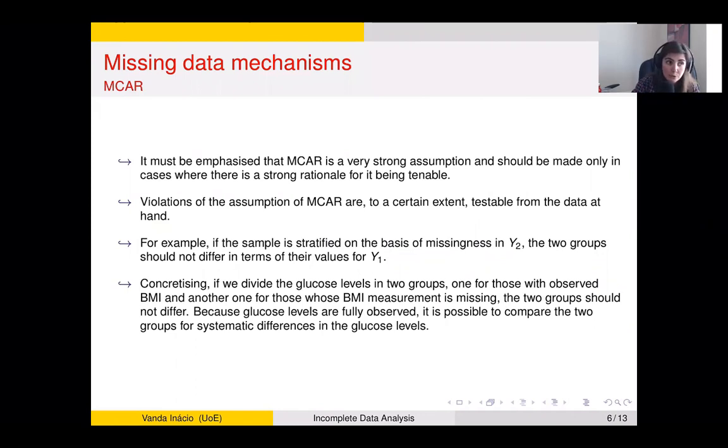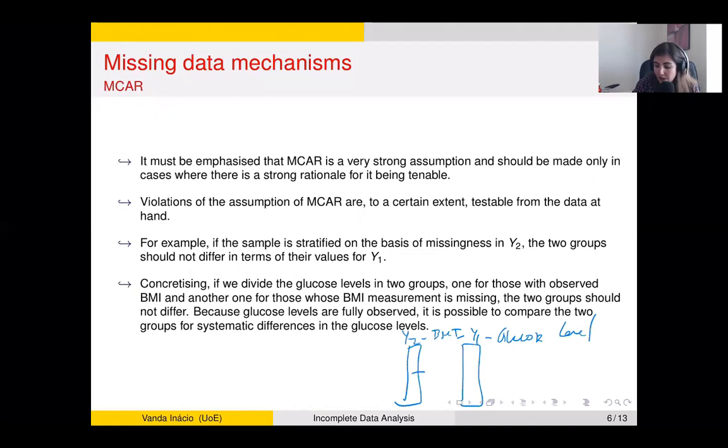Actually, violations of the missing completely at random assumption can, in a certain way, be verified from our observed data. I will explain why using our running example. Suppose that we have y2, which is the BMI, and we have y1, which is the glucose level.